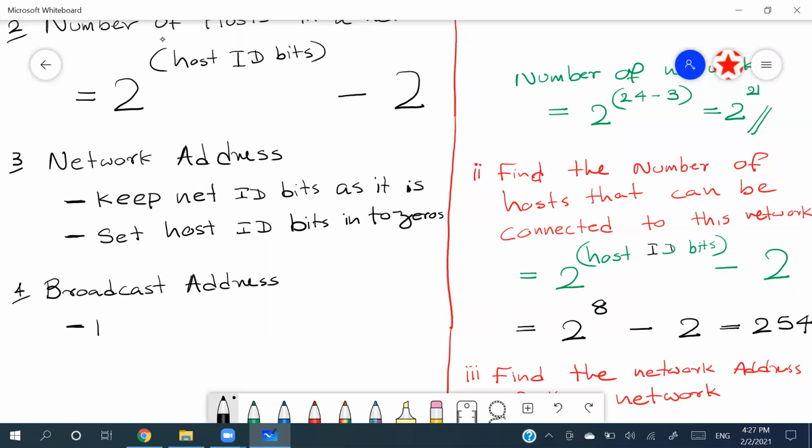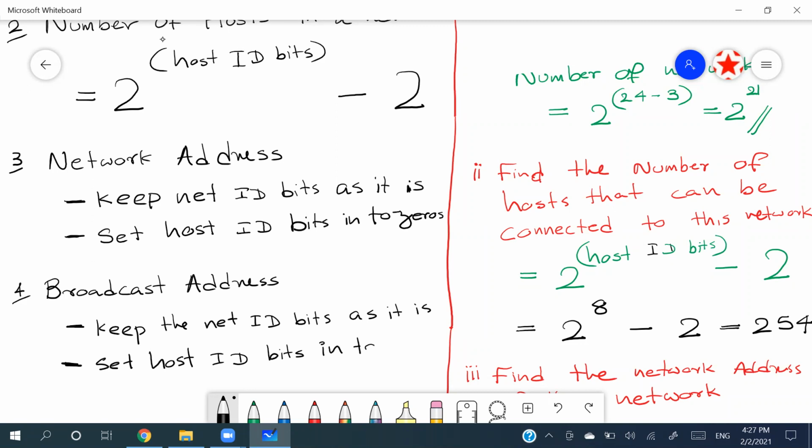So the theory is: keep the net ID bits as they are, set the host ID bits into ones. Previously they were set as zeros. Now they are set as ones.